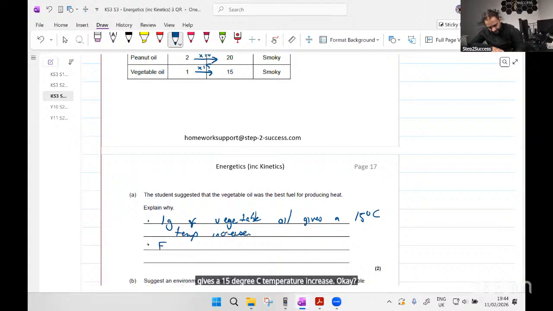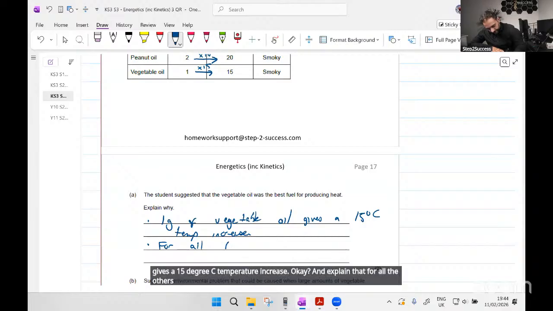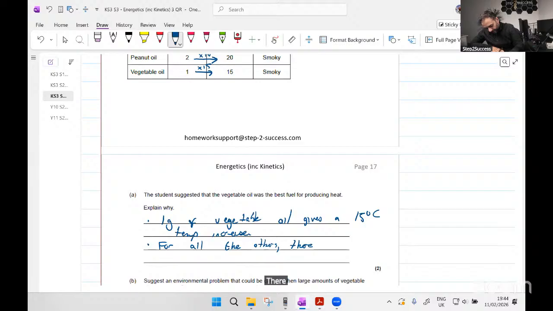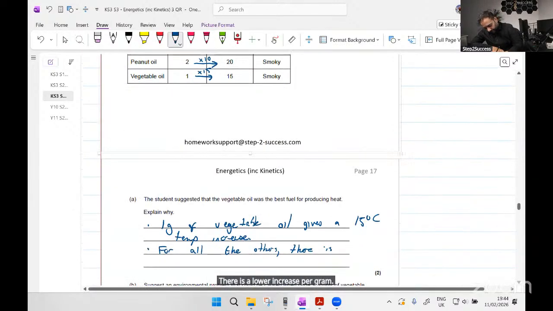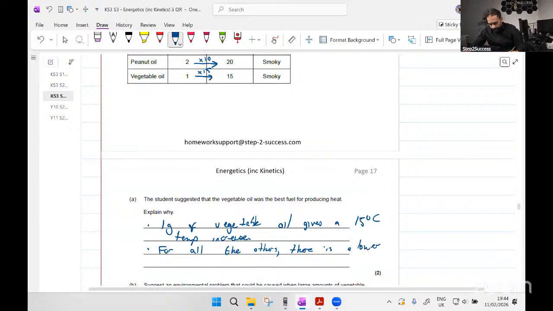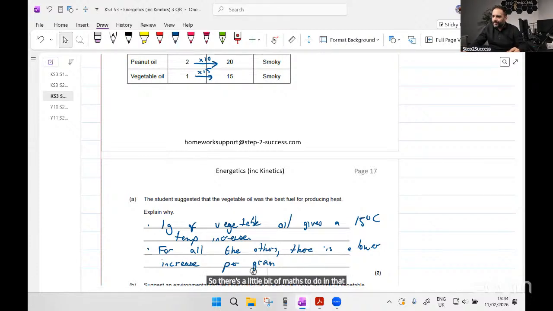And explain that for all the others, there is a lower increase per gram of fuel. So there's a little bit of maths to do in that question in doing these things.